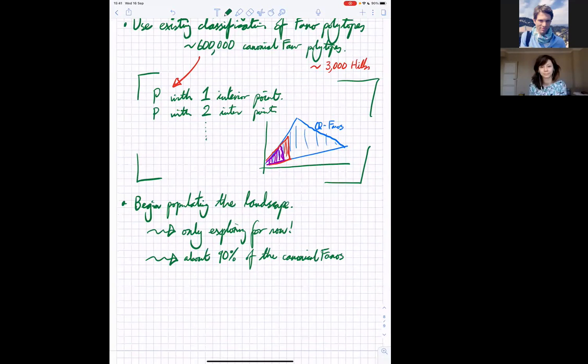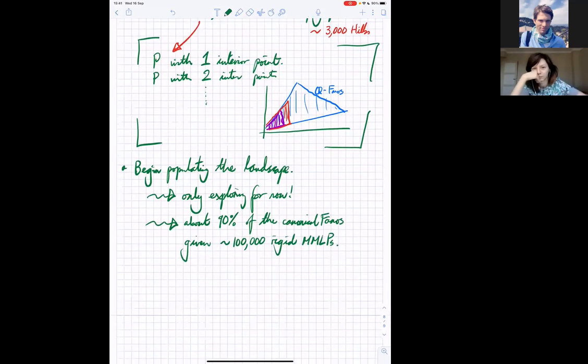So these have given us approximately 100,000 rigid maximally mutable Laurent polynomials. Conjecturally, these give us mirrors for a whole bunch of Q-Fanos.